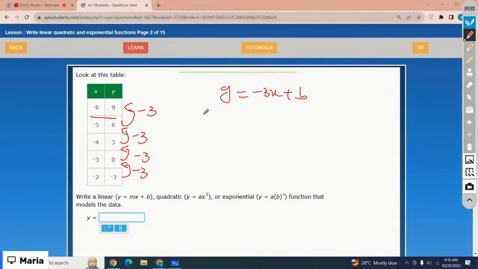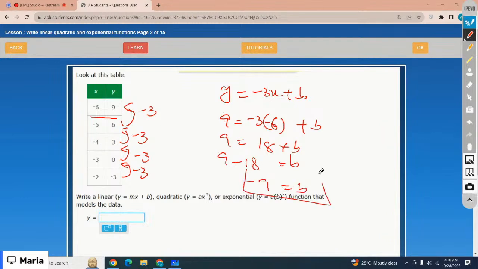I'm going to put this one. Negative x is 9... okay, y is 9. 9 equals -3 times -6 plus b. So that is 9 equals 18 plus b. b equals 9 minus 18.